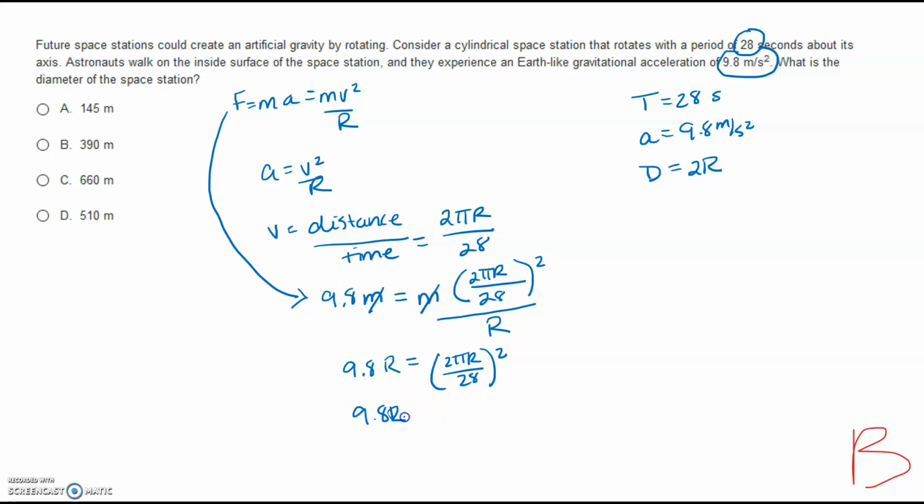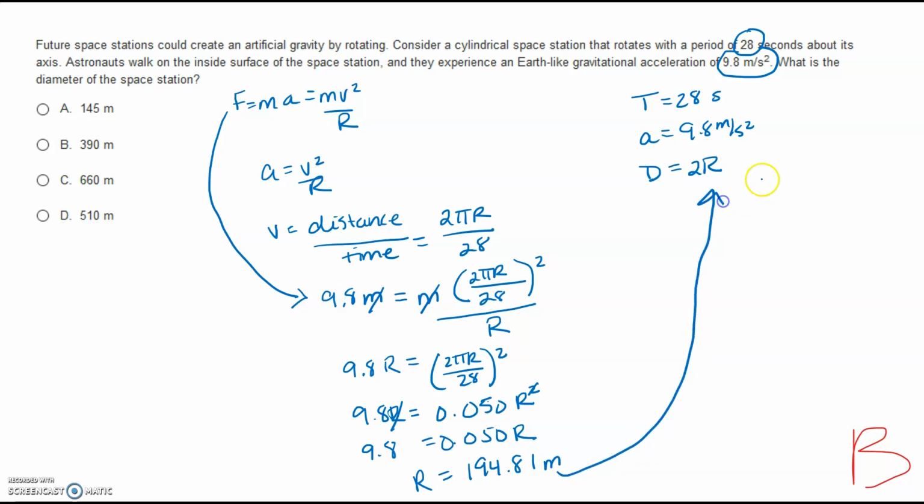And when I figure all of the numbers out here, I get 0.50 r squared. So one of my r's is going to cancel. I have 9.8, 0.050 r. And I get r is equal to 194.81 meters. So I have to plug that in because it's looking for diameter. And I get 389.63 meters, which is B.